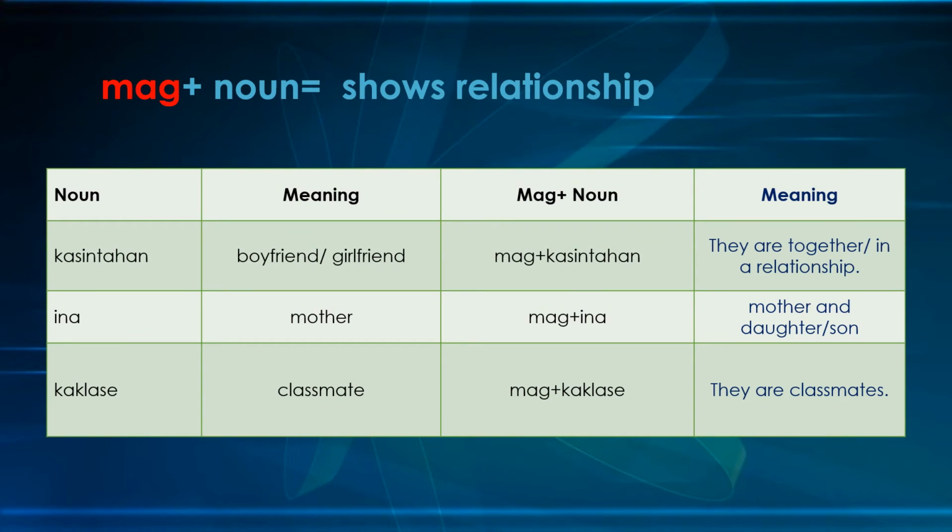Next is mag. Mag plus noun will now show relationship. Let's have an example here. The noun is kasintahan. Kasintahan.